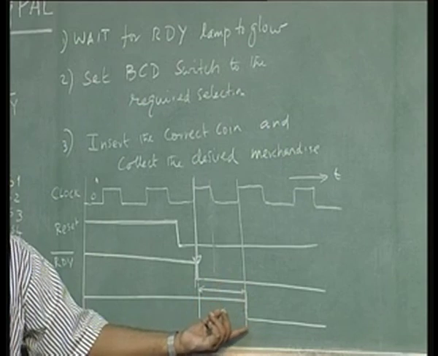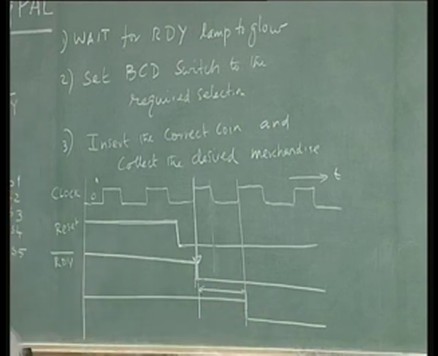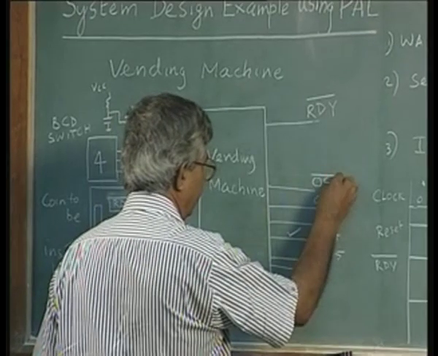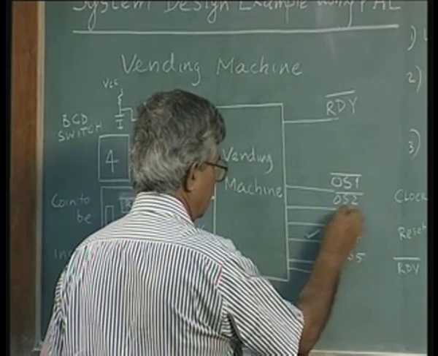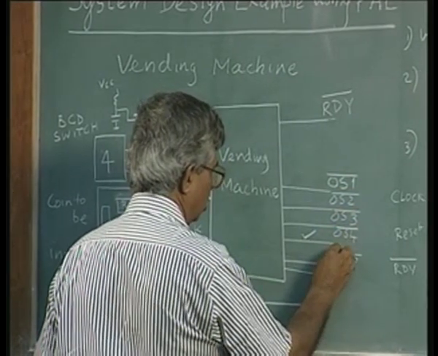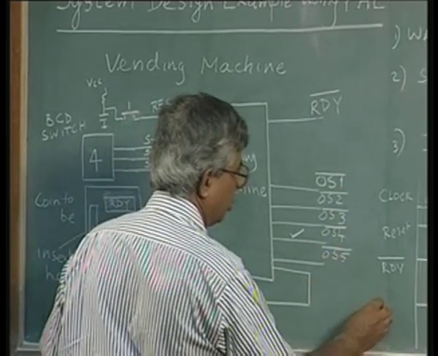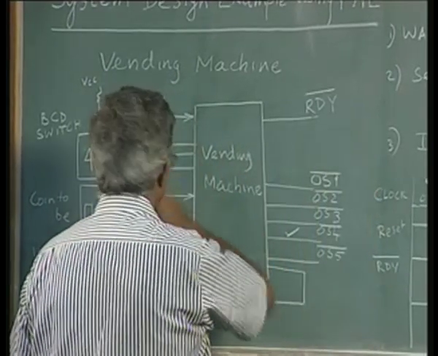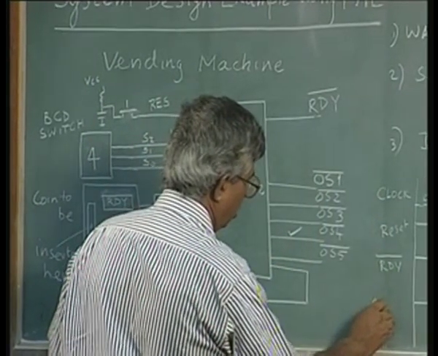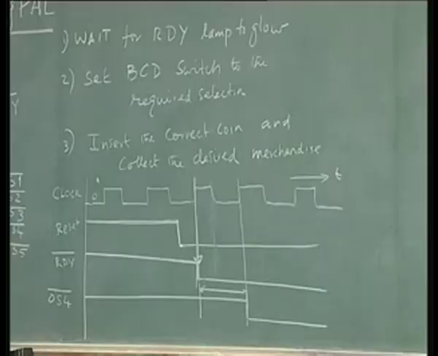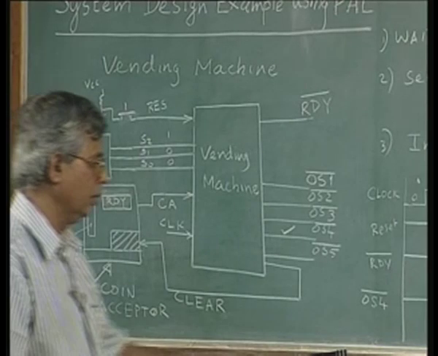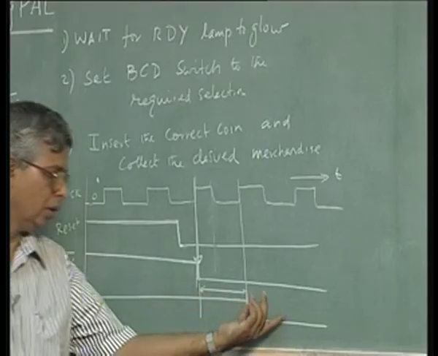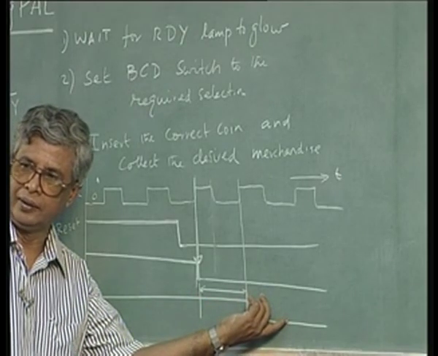At the next clock edge you are going to have the output generated here, and again for some reason we can have it either active low or active high. We will have this signal active low. So, I will say this is merchandise, since you have selected merchandise 4, OS 4 will go low at this point, meaning the availability of the merchandise.